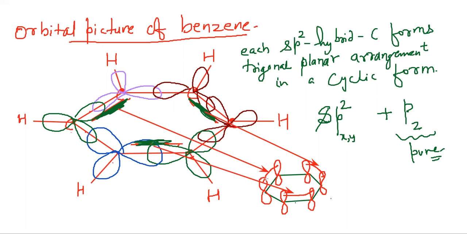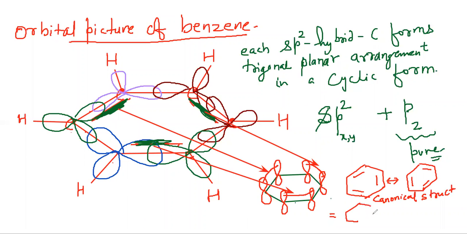So this lateral overlapping can also change. This and this can also overlap, and this can also overlap. That is why the structure is drawn in this way, so that the pi electrons can be here also, here also, here also, or they can be here also, here also, and here also. So these two are canonical structures.